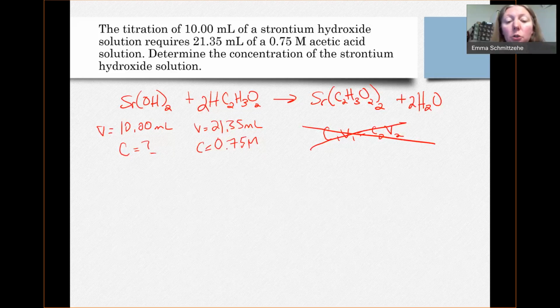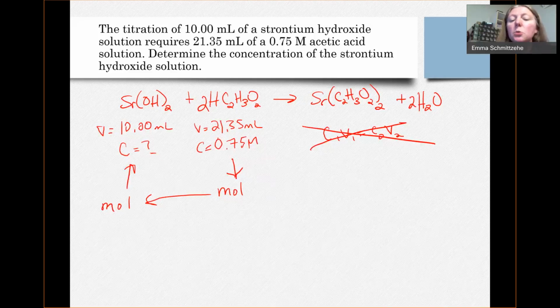So we're going to need to convert something to moles and then do a mole-to-mole conversion and then get what we want. For the acetic acid, we have enough information to actually get moles. So we can get moles of acetic acid, and then we can convert that to moles of strontium hydroxide, which then we can convert to the concentration.